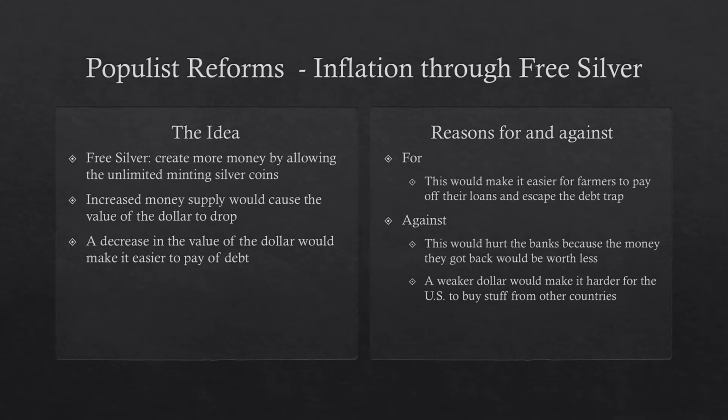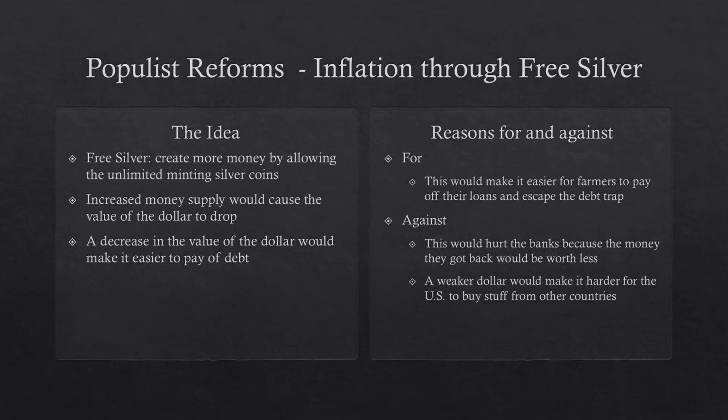So if there is inflation, that means that at the beginning of a year, a dollar will buy more than later on in the year. There is some inflation going on right now. We have about 1% inflation in the United States. And what that means is that a dollar today will be worth only 99 cents a year from now. So because of inflation, money slowly loses its value over time.